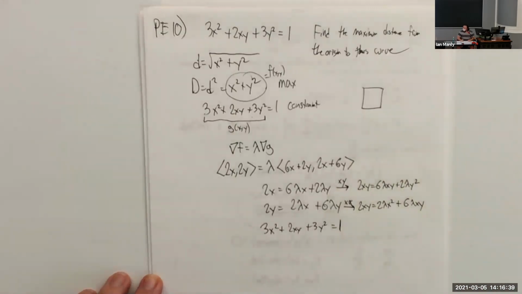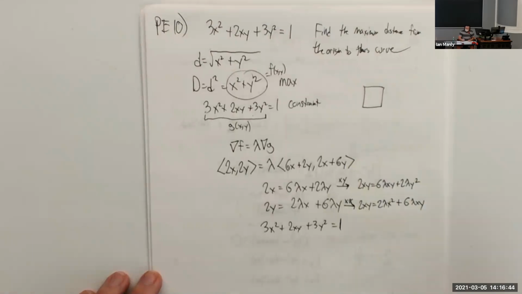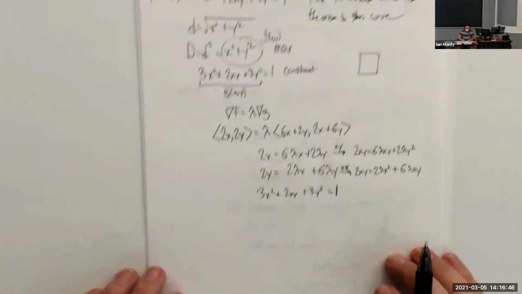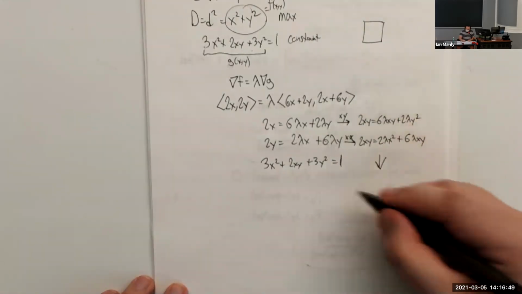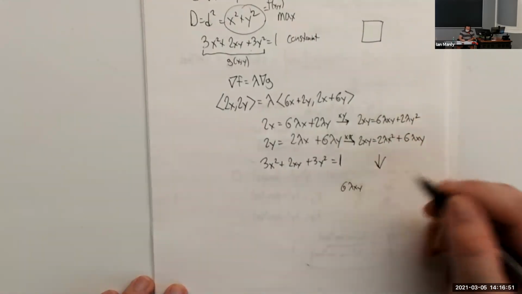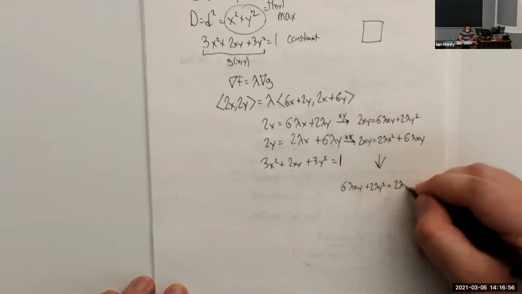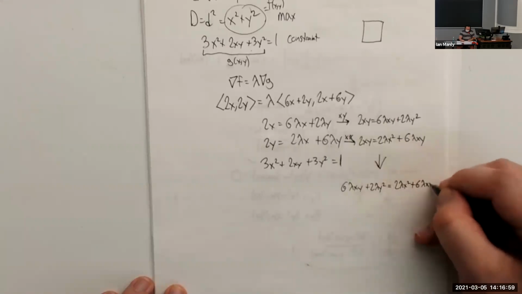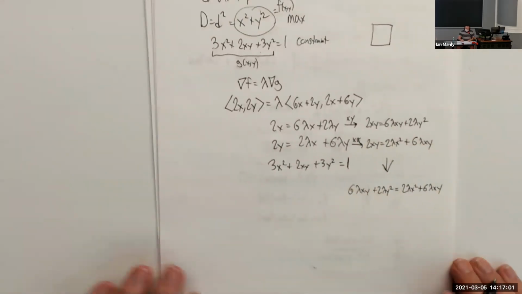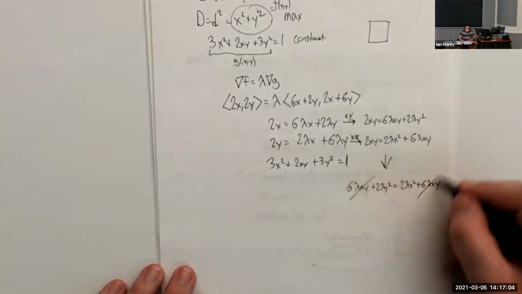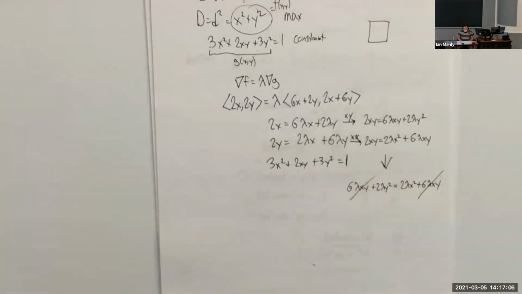Okay. So we get these 2 equations here. And then one thing we can do with them is since they're both equal to 2xy, we can set them equal to each other. So we have 6 lambda xy plus 2 lambda y squared is 2 lambda x squared plus 6 lambda xy right here. Now, the nice thing about this is that we could just subtract and cancel those guys out. So then we end up with the equation 2 lambda y squared equals 2 lambda x squared here.